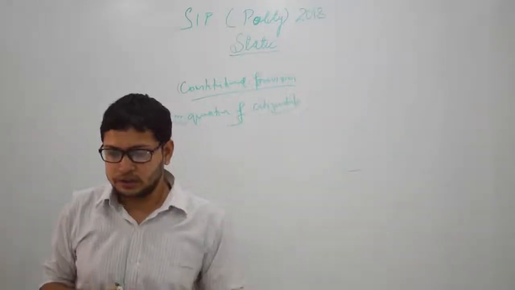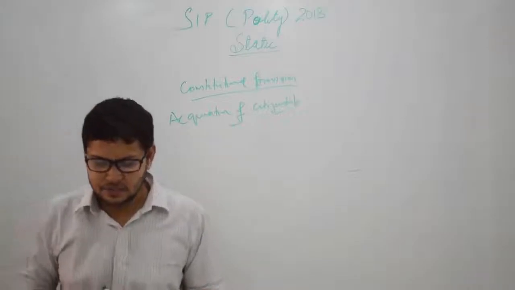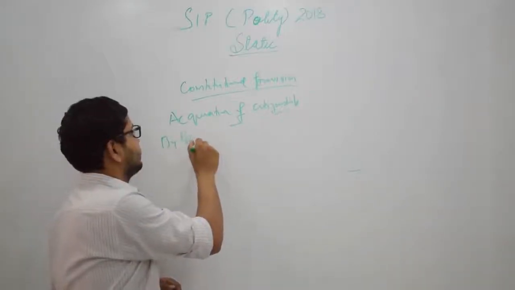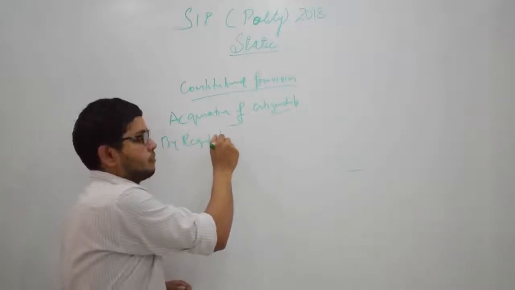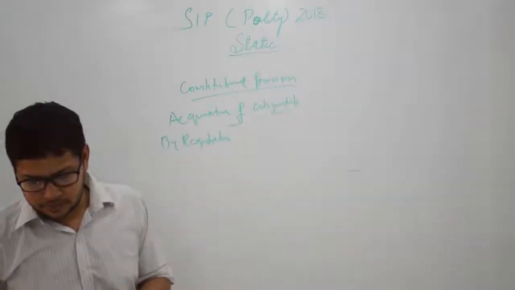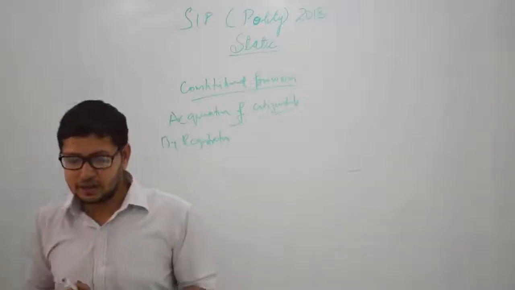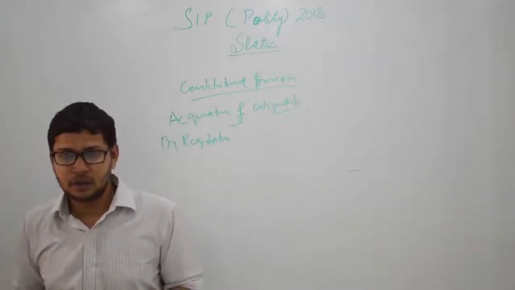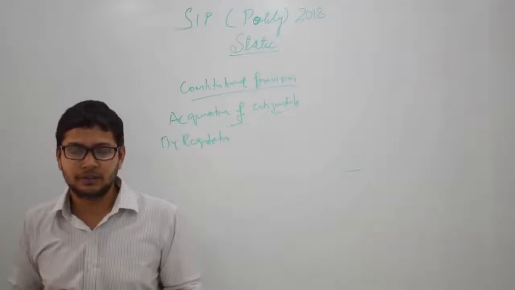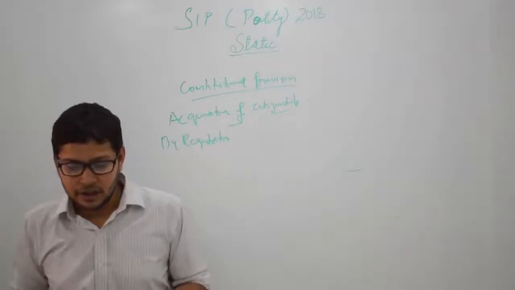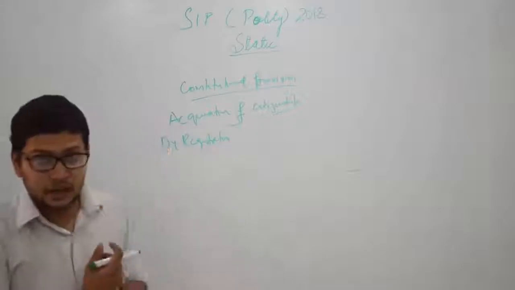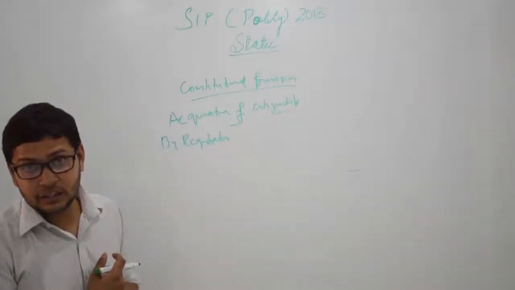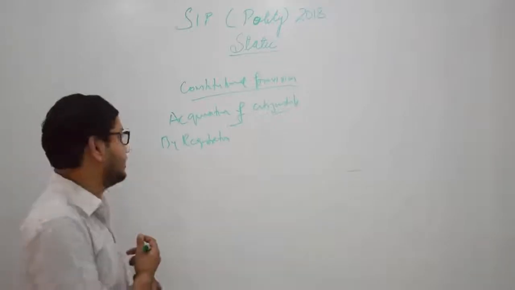So what does the 1955 Act say? The Act says that the central government can give citizenship to any person on application if he is a person of Indian origin who is an ordinary resident of India for 7 years.